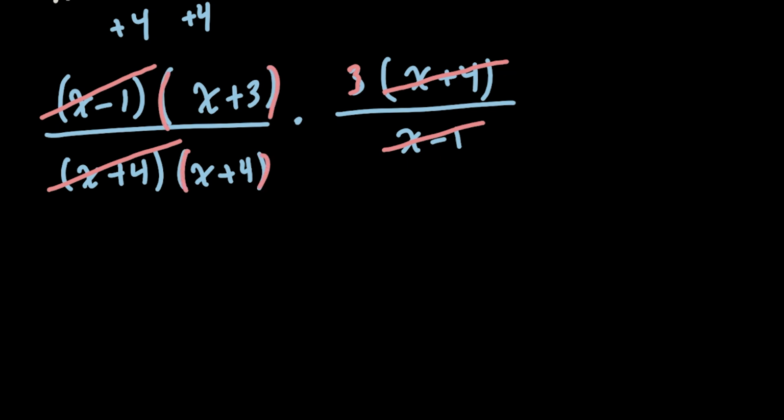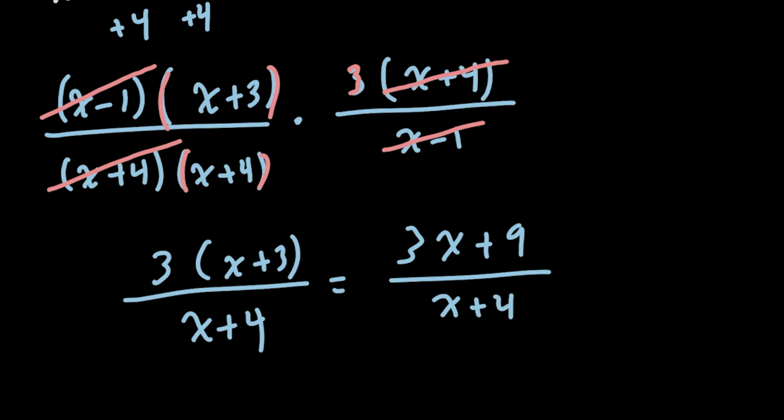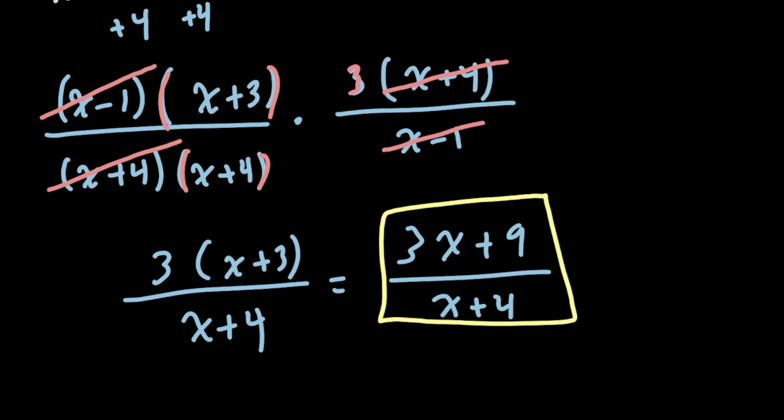So we multiply and get 3 times x plus 3 over x plus 4, which we can rewrite as 3x plus 9 over x plus 4. And this is the final solution.